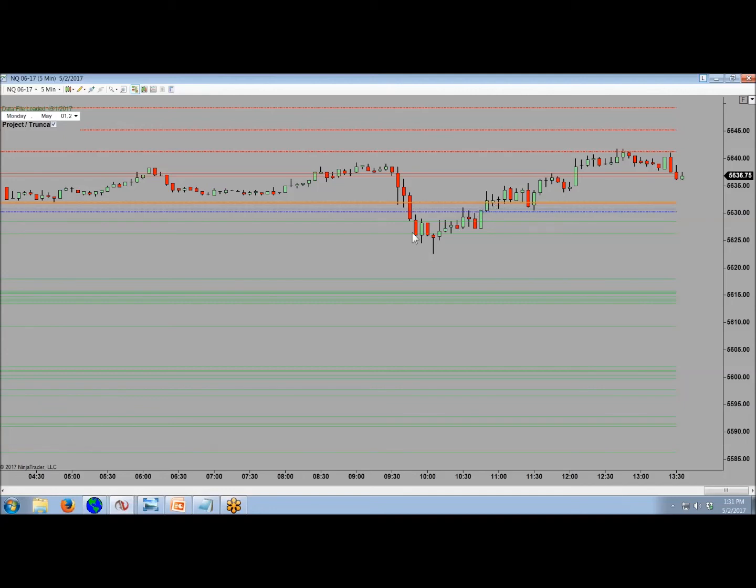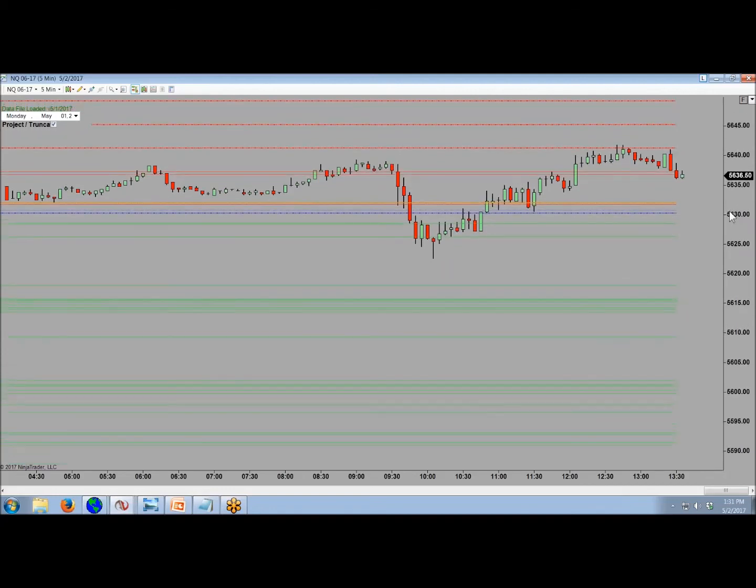And so you could see if you tried to take it short here, it didn't quite trade down to the next grouping, but if you look at areas of congestion from yesterday, you'll probably find that there was an area of support right in this vicinity as well. But either way, it would have worked.